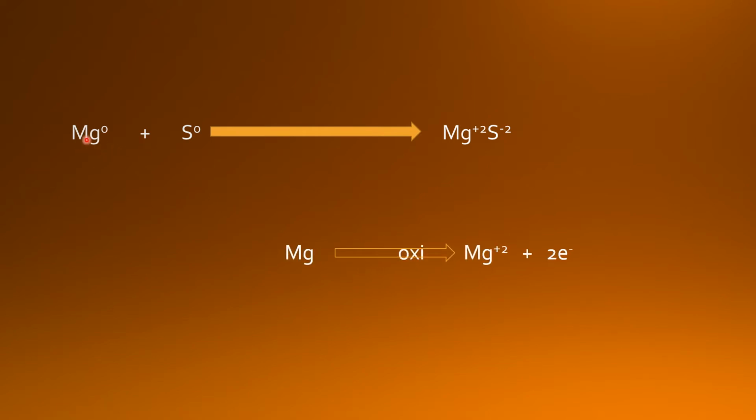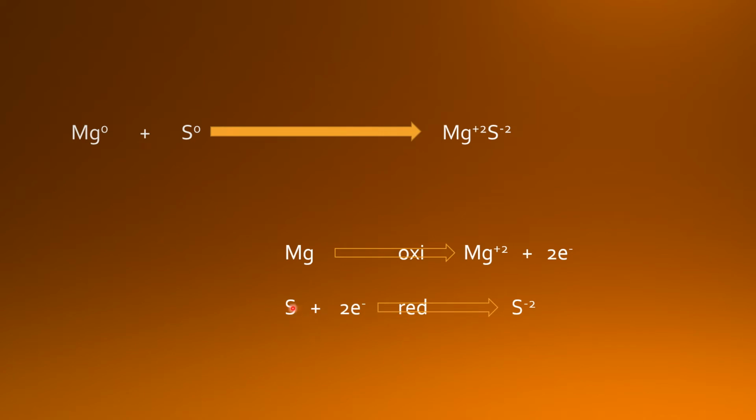You can see the reaction between this magnesium and sulfur, and the product is magnesium sulfide. How does this reaction take place? As the magnesium is a metal, it will lose 2 electrons and it will carry the +2 charge. This +2 charge indicates that 2 electrons are lost by this magnesium atom. And as the magnesium has lost the electrons, we will say that the process of oxidation is taking place in the magnesium.